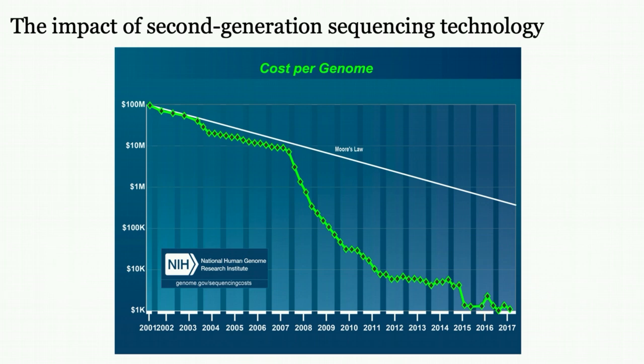Now we have a lot of data, but the company is going to give you the data, and what you do with that is up to you. And actually, right now some companies offer, for example, $400 whole genome sequencing. So it's way lower than $1,000.